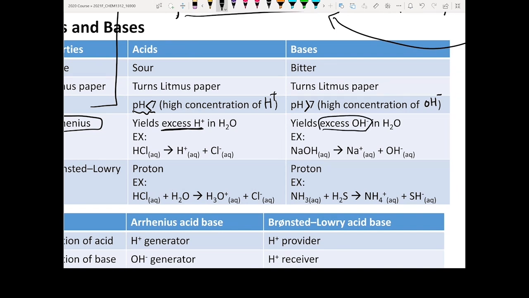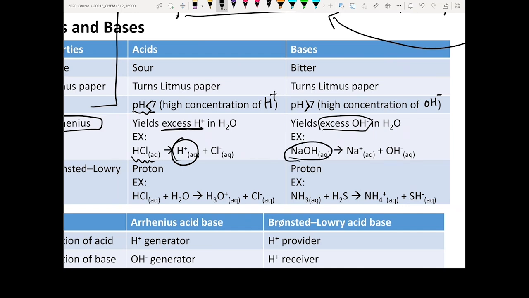For example, if you throw HCl into water to form an HCl aqueous solution, HCl is going to produce H+ and Cl-. Since you produce more H+ inside your water, we call HCl an acid.